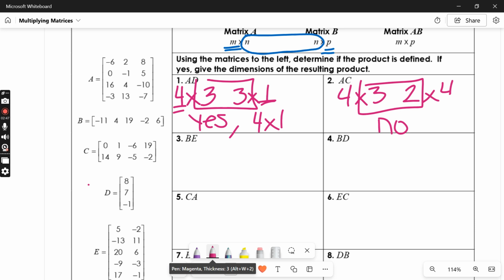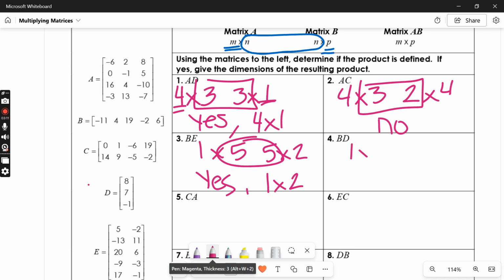So B is a 1 by 5. E is a 5 by 2. So they match in the middle, so we would say yes, and our result is a 1 by 2. Okay. B again is a 1 by 5.